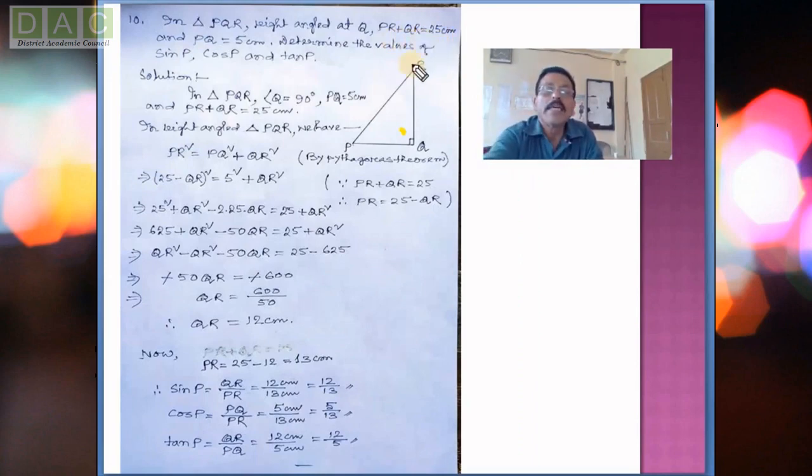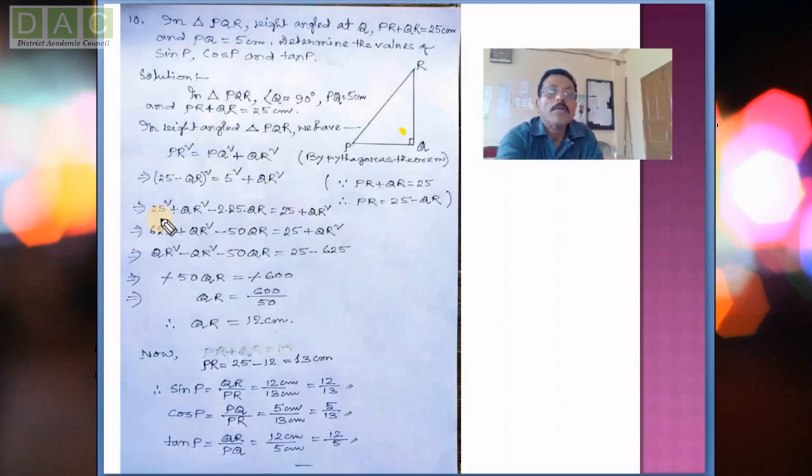From this you can write PR equal to 25 minus QR. So in place of PR write (25 minus QR) and make the whole thing squared. Then PQ is given directly as 5, so write 5², and QR is unknown, so write QR² as it is.